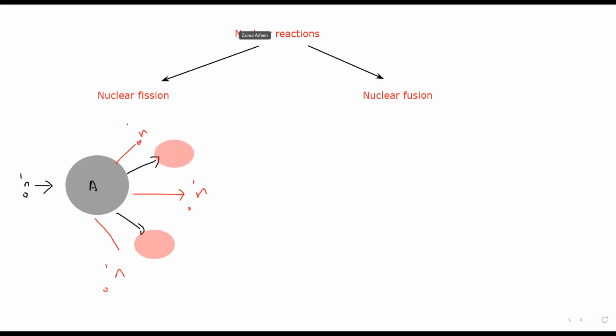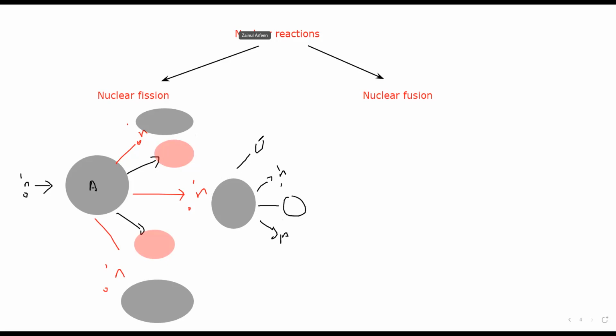That is why the fission reaction is also called a chain reaction. Why do we call fission a chain reaction? Because these neutrons which are emitted further collide with more heavy nuclei, multiply this process, and release more neutrons, and the smaller nuclei have a higher binding energy per nucleon.